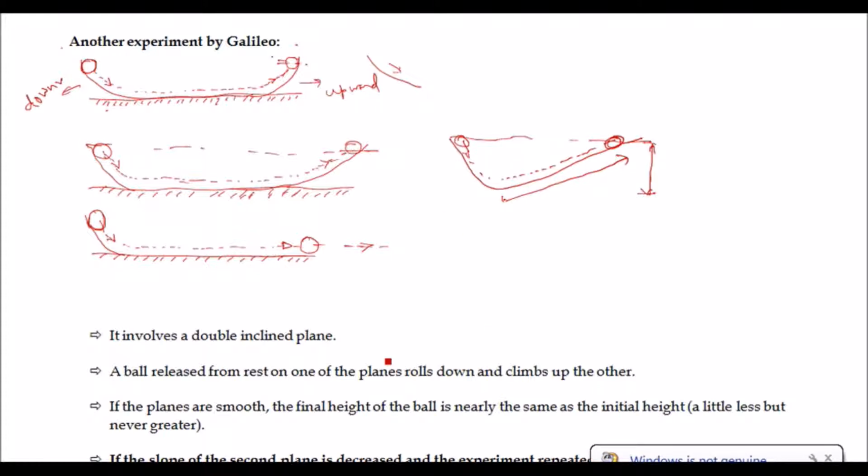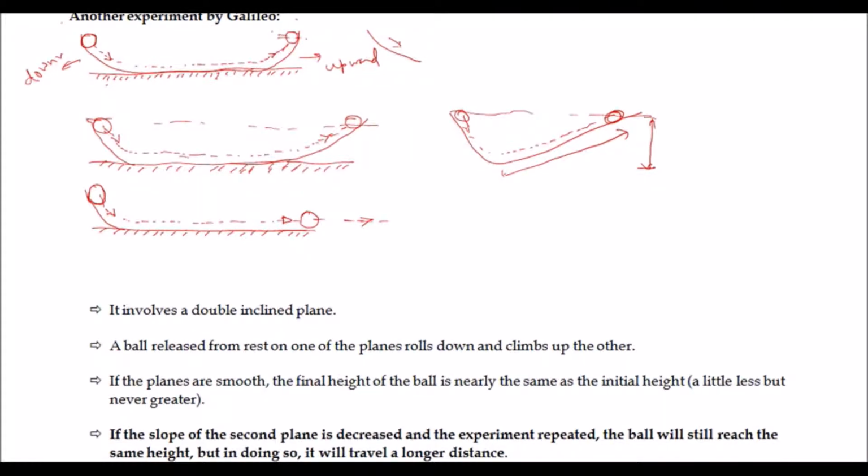So if the planes are smooth, the final height of the ball is nearly the same as the initial height, a little less but never greater, because we are unable to make the whole system frictionless.